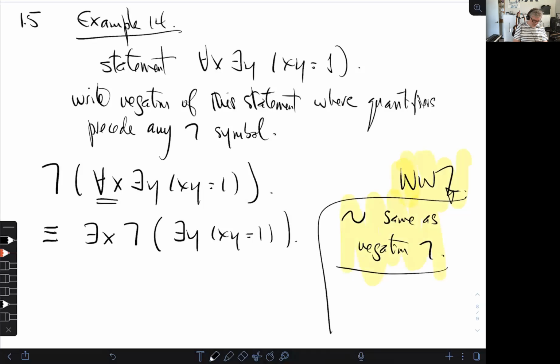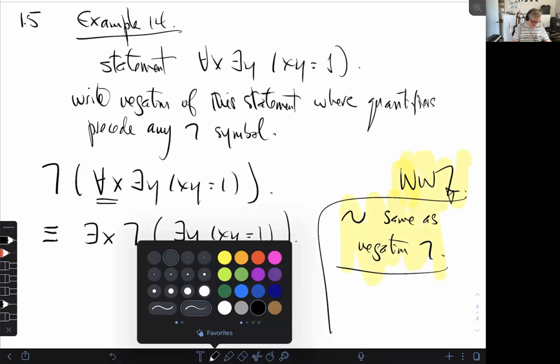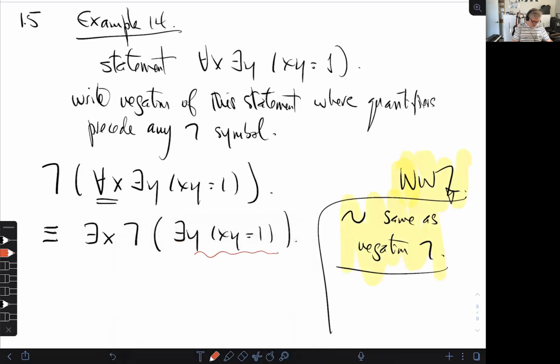This statement says there exists something, and negating that means there does not exist, so it means for all, not the property. So there exists an x stays there, and the exists y becomes for all y, negation of xy equals 1.